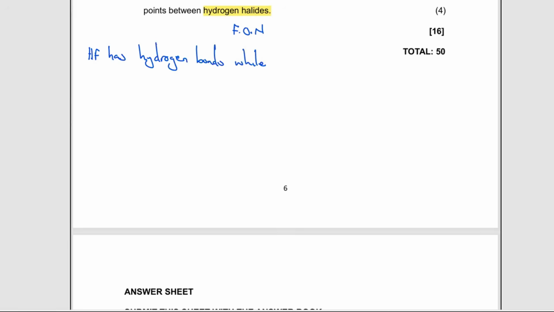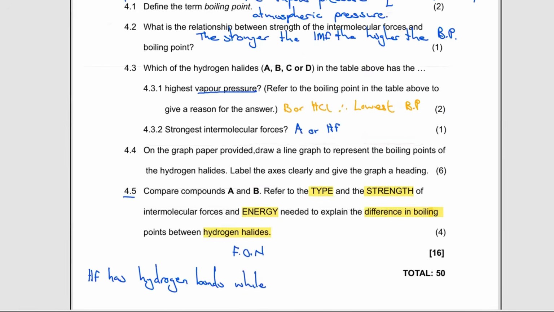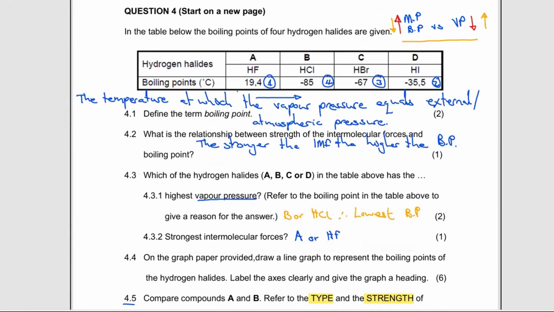Okay, so let's look at the last one there. Compare A and B. So your B there. Let's then compare A and B to refer to the type and strength of intermolecular forces, right? Okay, so we're referring to B there.